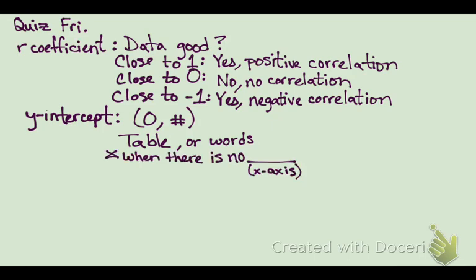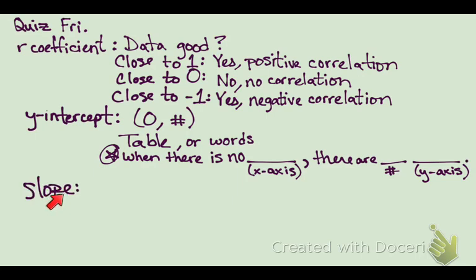So we're going to need a sentence on our test or quiz: when there is no blank. You're either going to look at your x-axis if you've got a scatter plot, or look back at your table and figure out what was your first column. So when there is no blank, you're going to need a number, and then a word in reference to your y-axis, or your second column, whichever one.